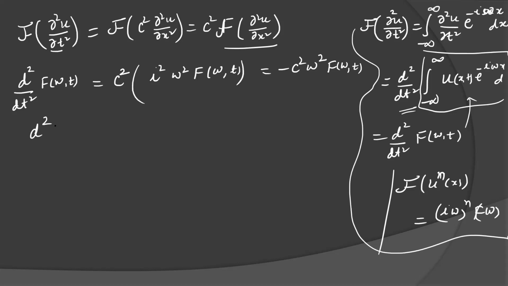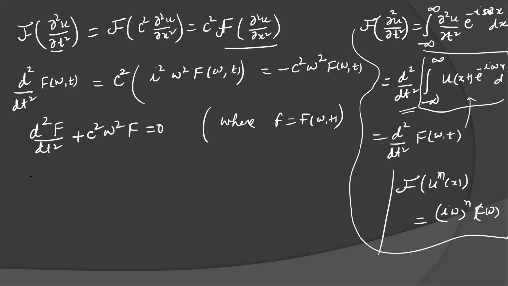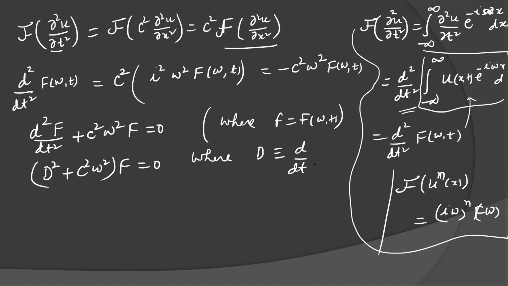Now we can write d2F by dt square plus c square omega square F equal to 0, where I am taking F as F(omega,t). Now this is a second order differential equation with t as the variable, so it can be written as (D square plus c square omega square) F equal to 0, where D stands for d by dt.